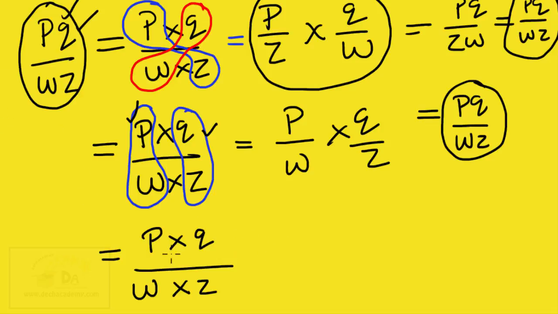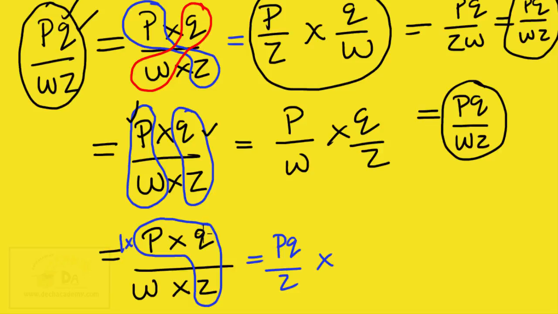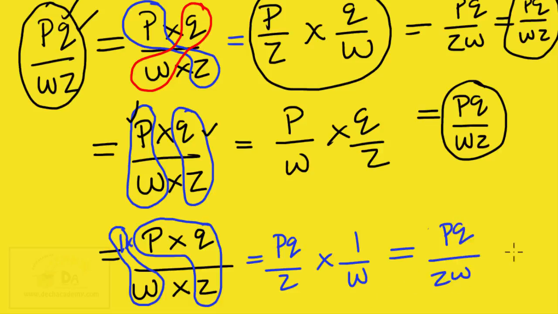I can form one fraction by combining these two numerator terms to give my numerator term and just Z as the denominator, and I can write that fraction out as P times Q, which is PQ over Z. And my other fraction could be, I'll just place a 1 here, because 1 times anything doesn't change it, and my second fraction would have 1 as a numerator and W as a denominator, and this gives me 1 over W. Simplifying this gives PQ times 1, which is PQ, Z times W is ZW, PQ over WZ, because Z times W is the same thing as W times Z.